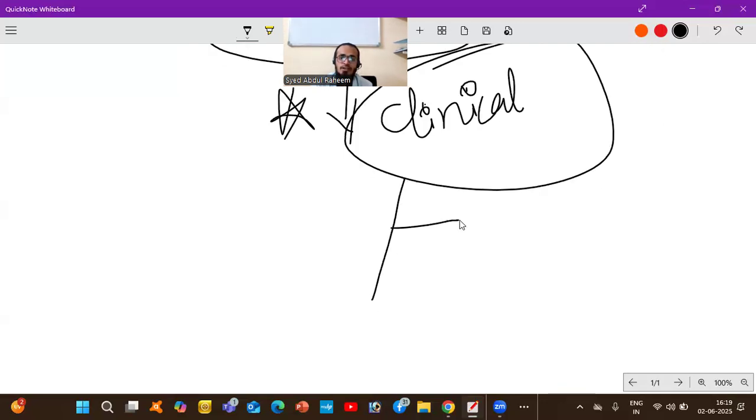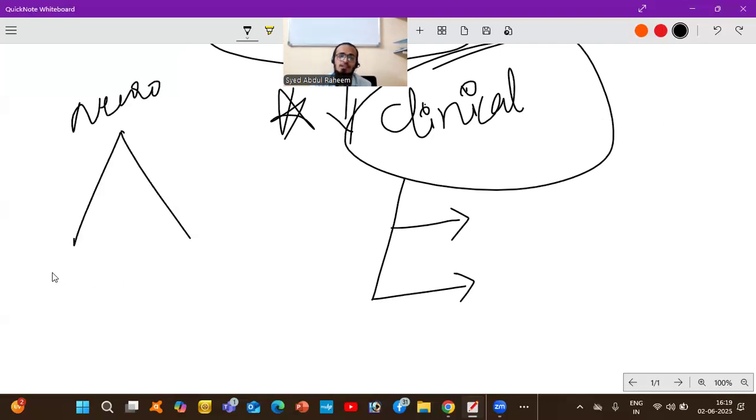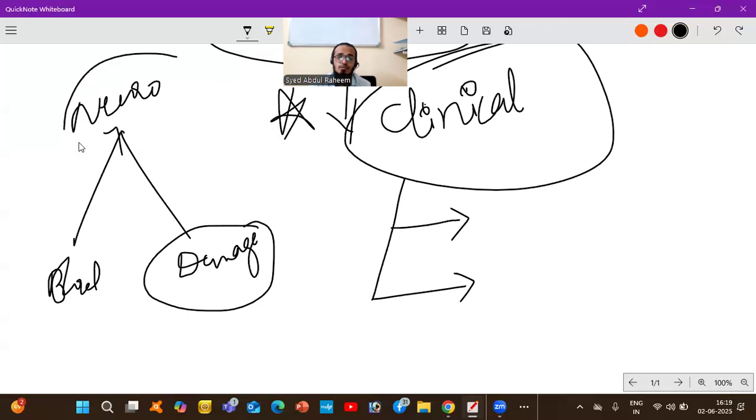So we have two types of causes. If any neuron has damage, we have two reasons: either blood supply stopped to the brain, or any bleed happened, any damage of artery or damage of vein.